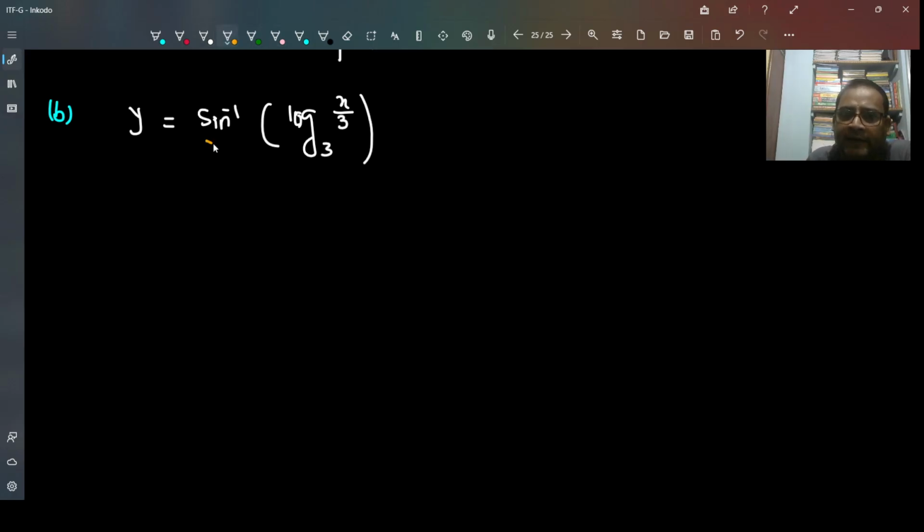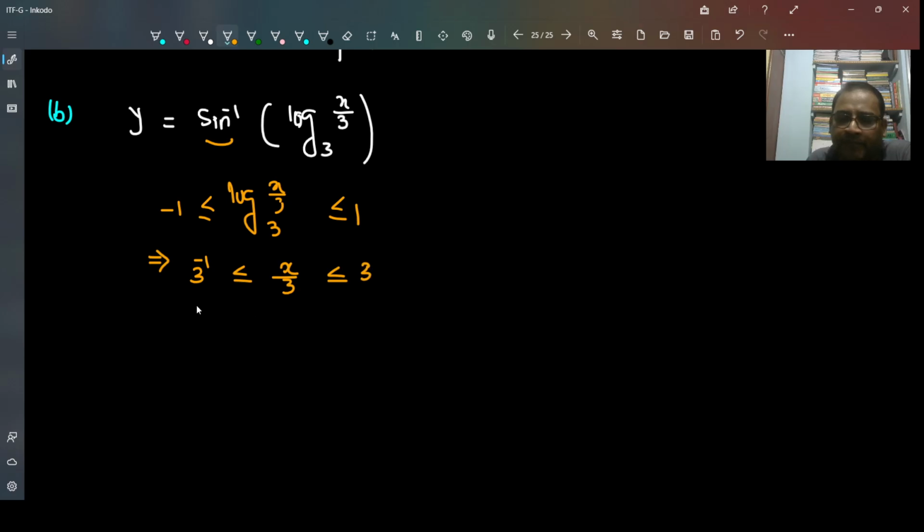So first of all, it is sine inverse. It is only defined when the input log of x by 3 base 3 is less than or equal to 1 and greater than or equal to minus 1. Since the base is 3, it will be 3 power minus 1 less than or equal to x by 3 less than or equal to 3.